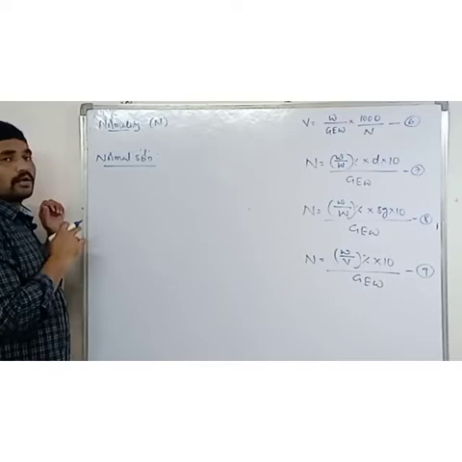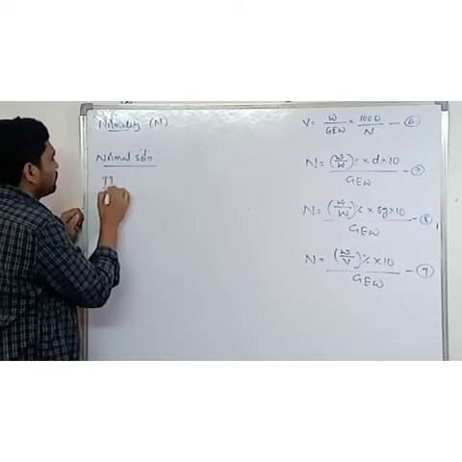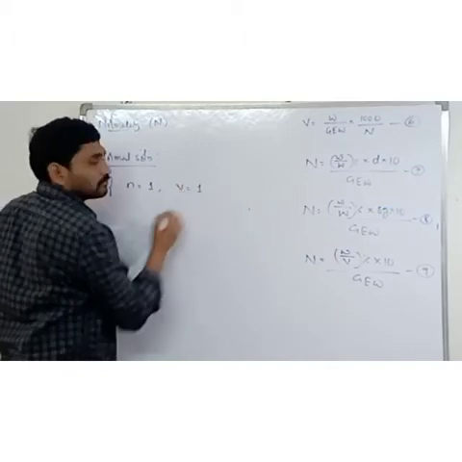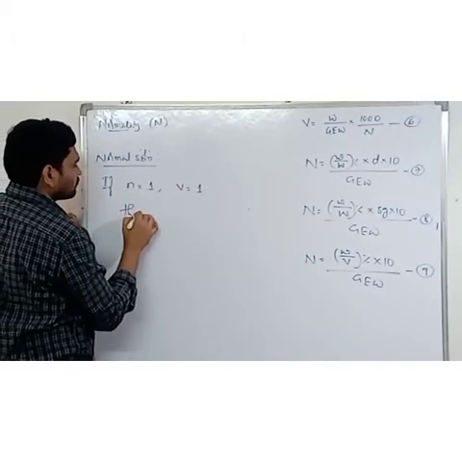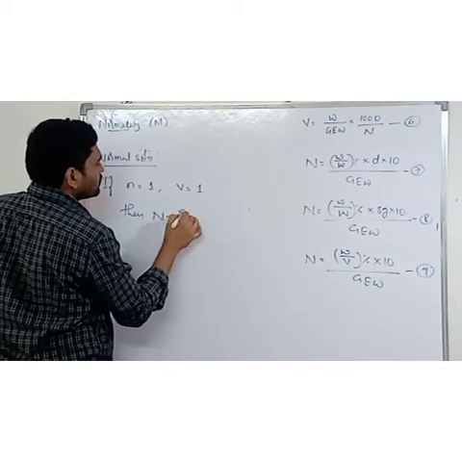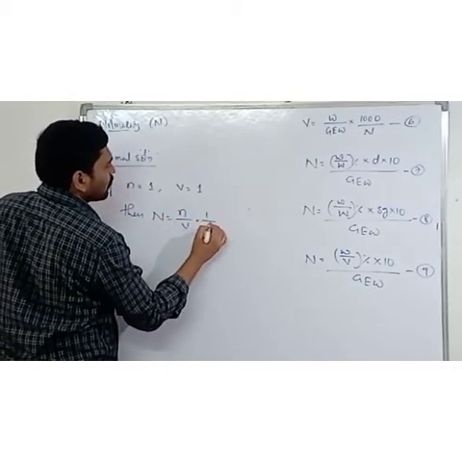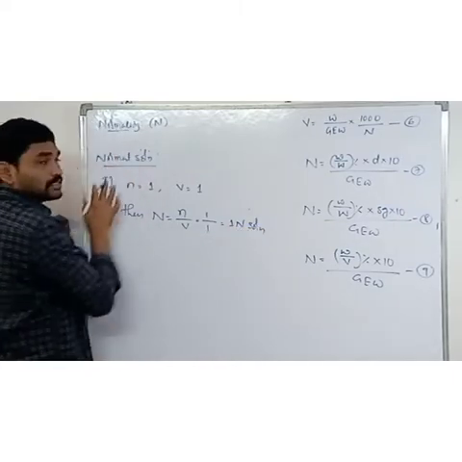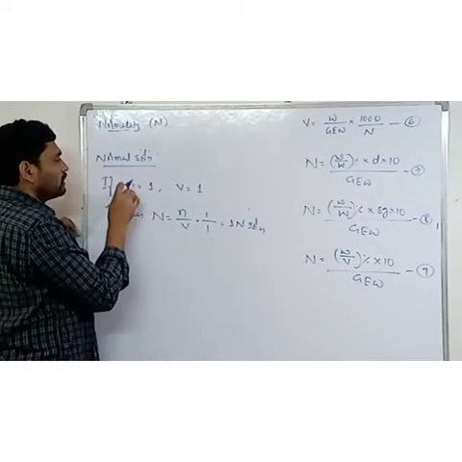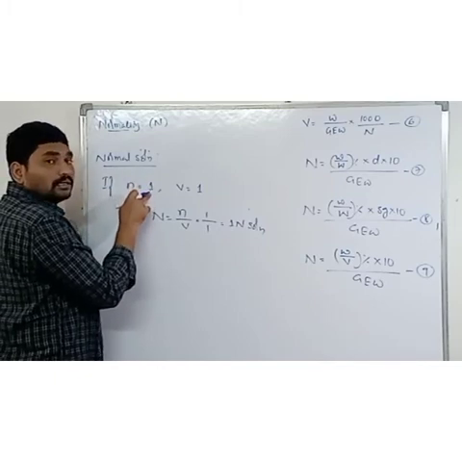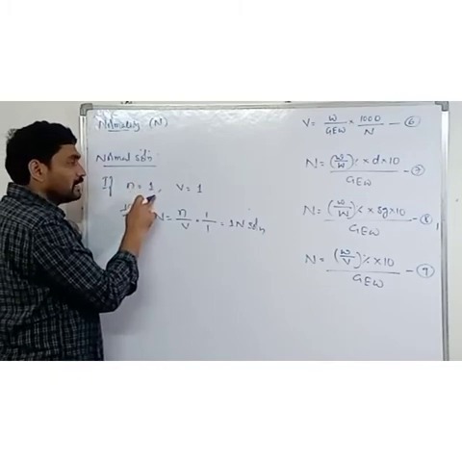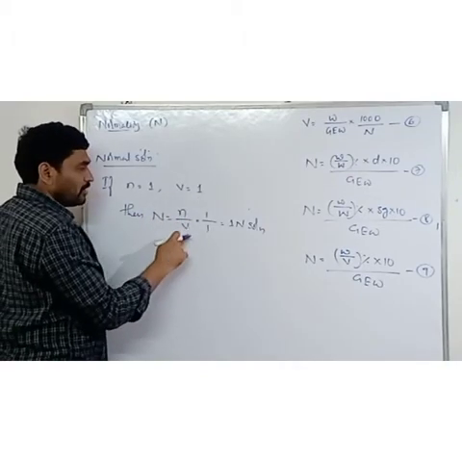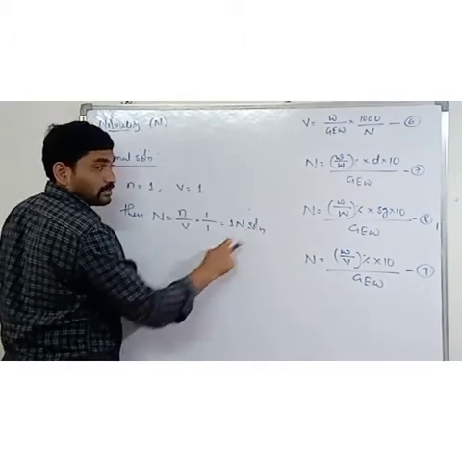If n equal to 1 and V equal to 1, then capital N equal to n by V, that is 1 by 1, equal to 1N solution. So it is a normal solution. Once again, the definition is 1 gram equivalent present in 1 liter of the solution.